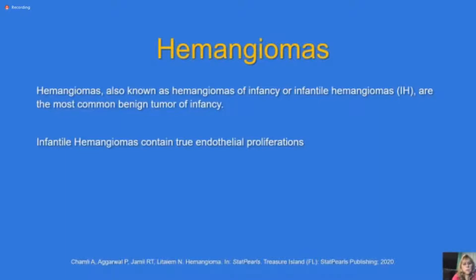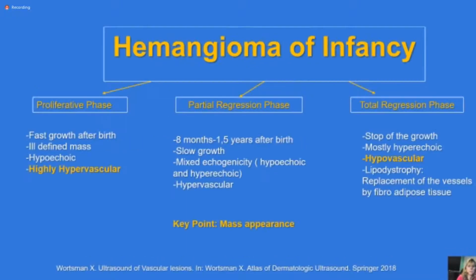Hemangiomas of infancy or infantile hemangiomas are the most common benign tumor of infancy, and they are true endothelial proliferations. First, they present a proliferative phase with a fast growth after birth. In this phase, they tend to be ill-defined and hypoechoic and highly hypervascular.